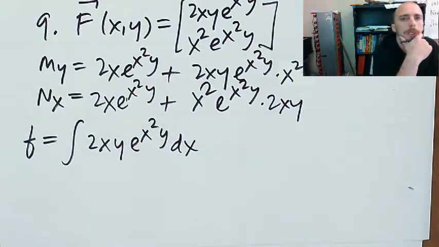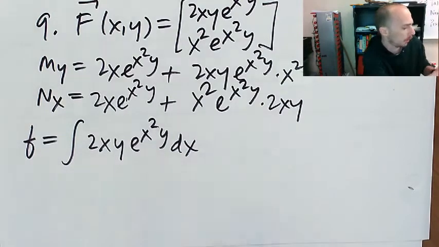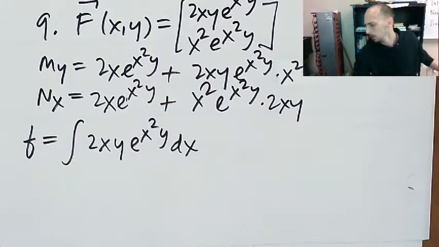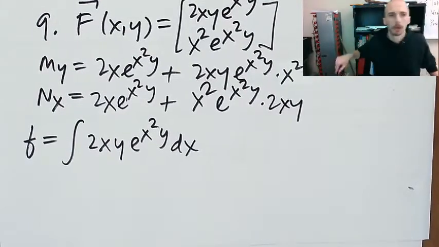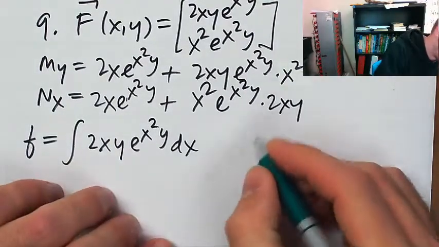Okay, which would be, oh, this is one I could use u substitution on, but I was just going to try looking at it. Maybe I'll just spell it out for you. So I'm going to let u equal x squared y.